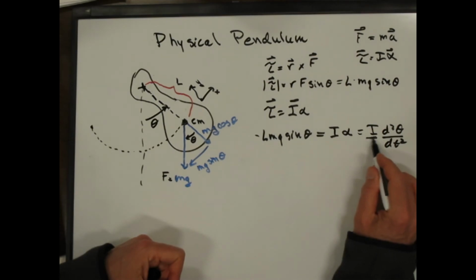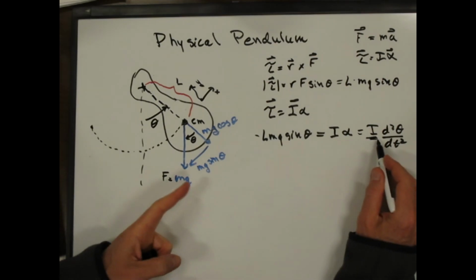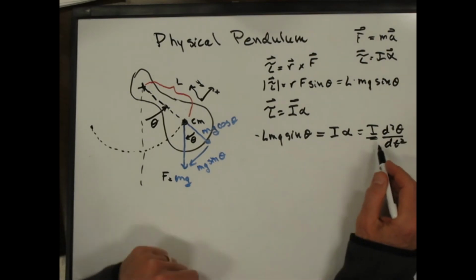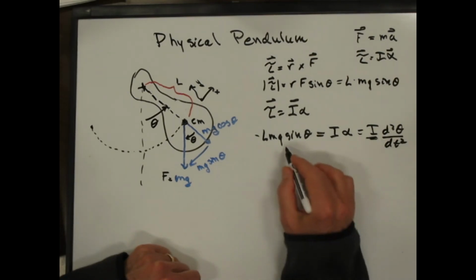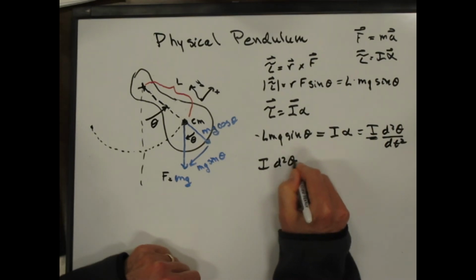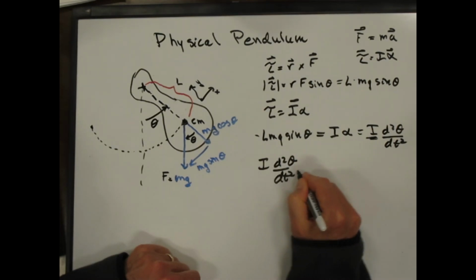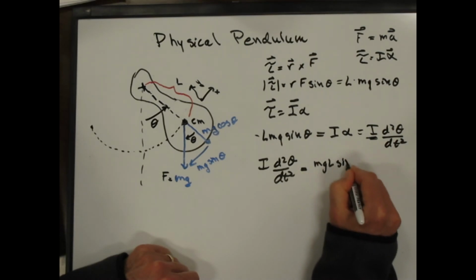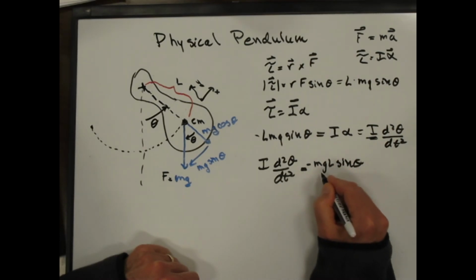Maybe we don't know what I is. It could be anything, right? It depends on the shape of this object and where its mass is located. But if I now combine these two equations, I get I times d squared theta over dt squared equals minus mgl sine theta, with the negative sign in front of it.